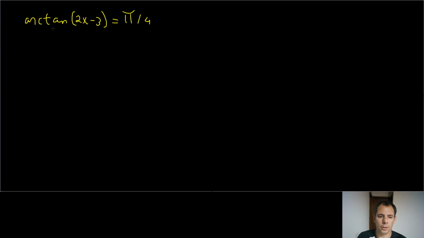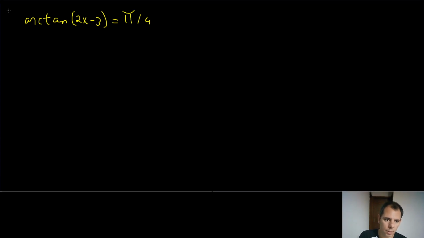So arctangent is the inverse of the tangent. What do you do? You just put the tangent, because remember, when you have a function and you put the inverse function inside, you get the value of x. So we want to get the x in here. How do we do this? Well, we take the tangent on both sides.